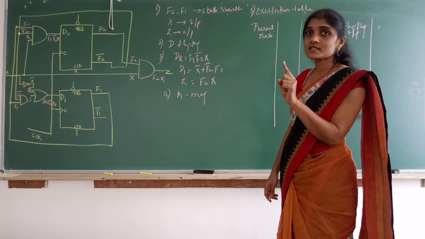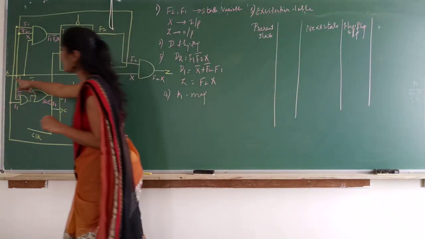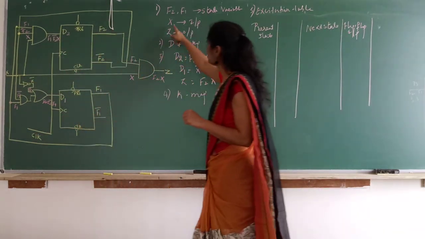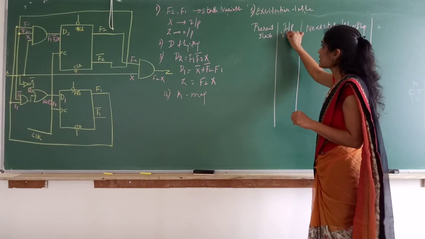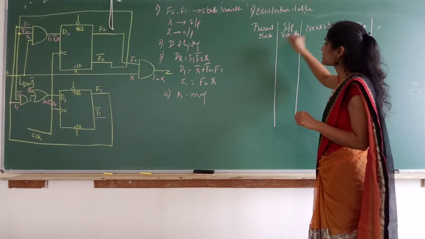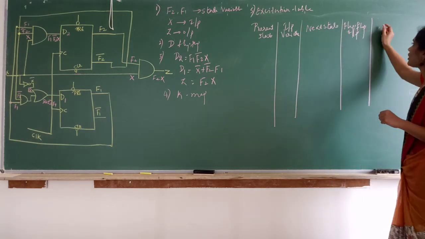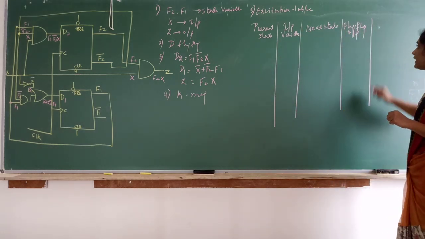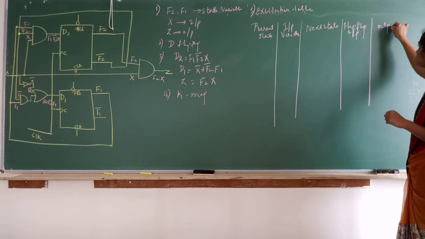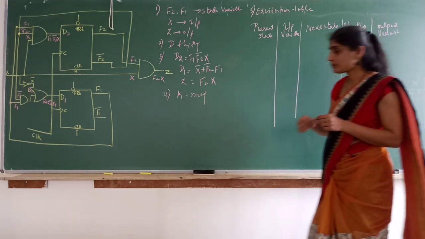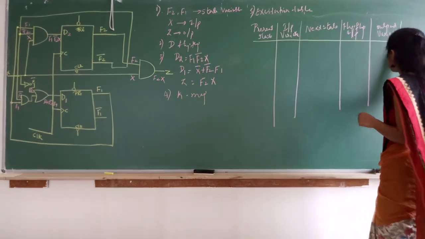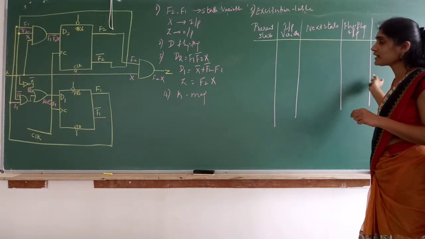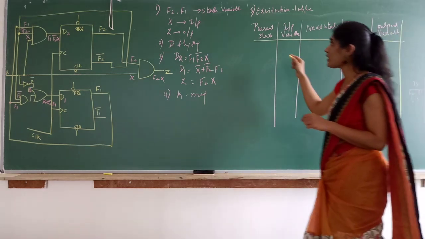But here, along with this, what extra do we have? We have X and we have Z. X is an input variable, so along with present state, one more column you have to add, that is input variable. Along with flip-flop inputs, one more column you have to add, that is output variable. Depending on your circuit, you need to write columns in your excitation table. If you don't have X and Z, you can skip. If you have X and Z, you have to include.